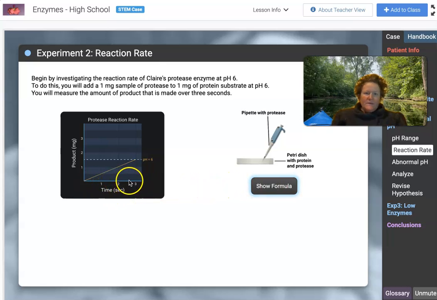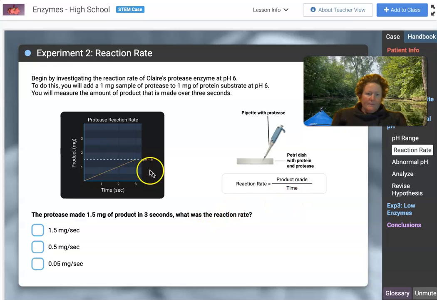So here's the time in seconds, here's the product, and so the reaction rate here, we're going to remember how to do this. It's product made over time. So at 3 seconds here, we're at like 1.5 milligrams. So it's 1.5 divided by 3. So 1.5 divided by 3 is 0.5.